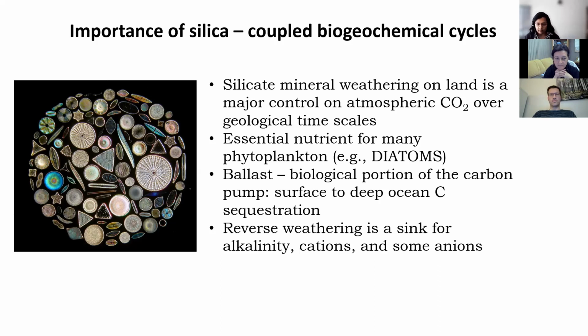So this is a part of the biological portion of the carbon pump, and how it sinks in the ocean are one of the major reasons why we don't have runaway soda lake type oceans. Why this is a major control of alkalinity, cations, anions, and trace elements, many of which are being vetted as proxies for silicate weathering and reverse weathering, and how those processes control atmospheric CO2 in global climate.